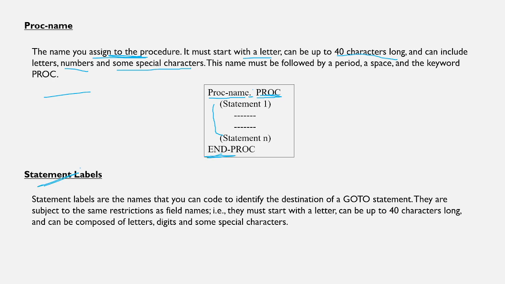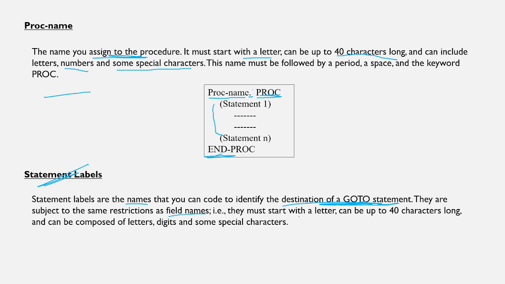And what about statement labels? Statement labels are the names that you can quote to identify the destination of a GOTO statement. They are also subject to the same restrictions as field names.